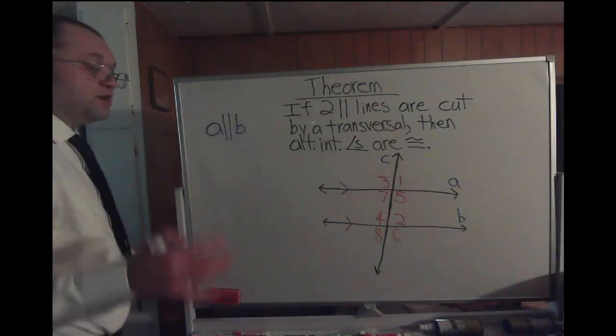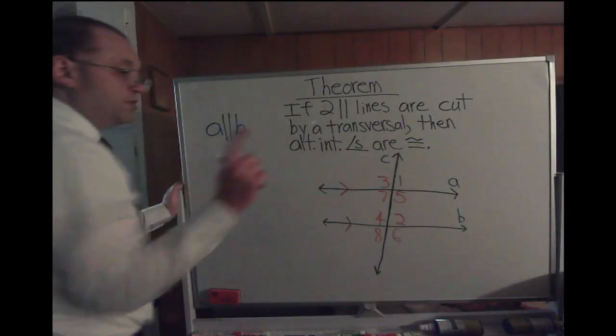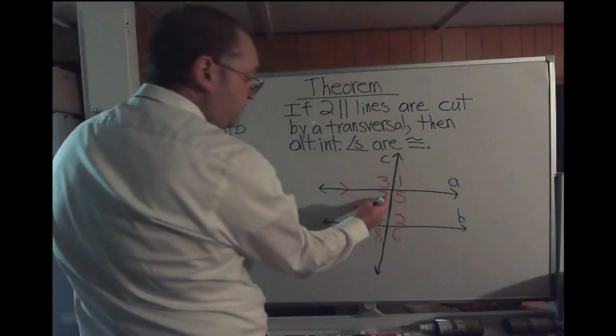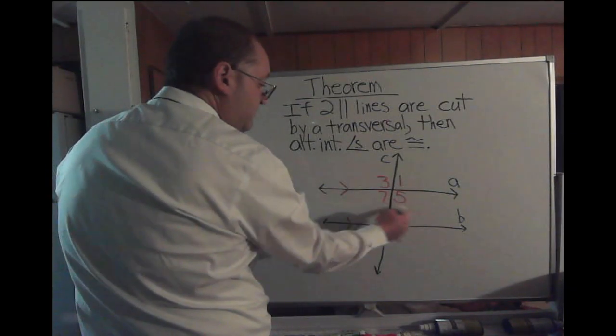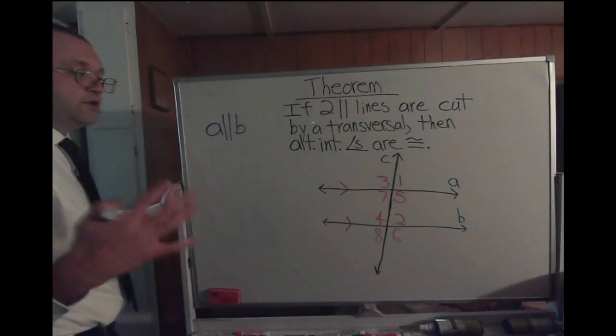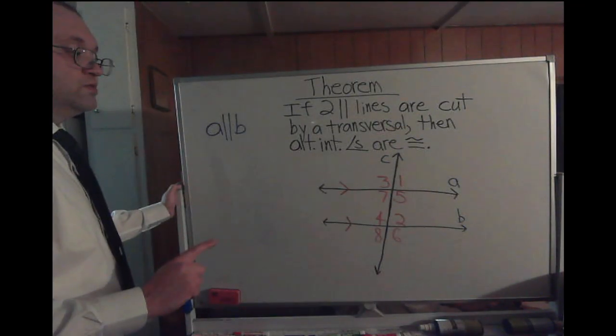So let's look at alternate interior angles. First, let's talk about the interior part. The interior, it's in the middle, it's between the two parallel lines. So angles 7, 5, 2, and 4 are interior angles. Now what about alternate interior angles?